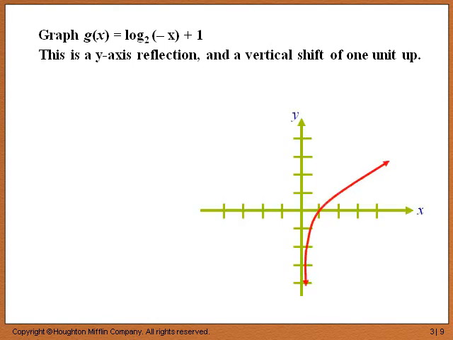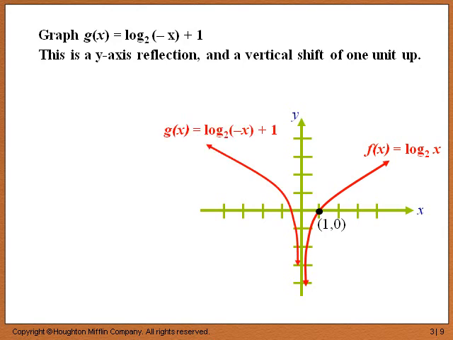So let's draw our graph. We have first f(x) equals log base 2 of x, which is like what we graphed on the last slide, and that crosses the x-axis at the point (1, 0). Well, now we're going to take into account that we have a y-axis reflection and a vertical shift of 1 unit up.